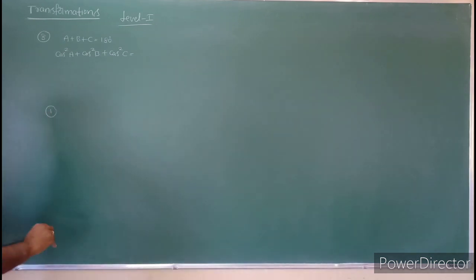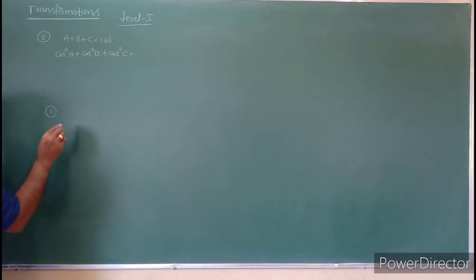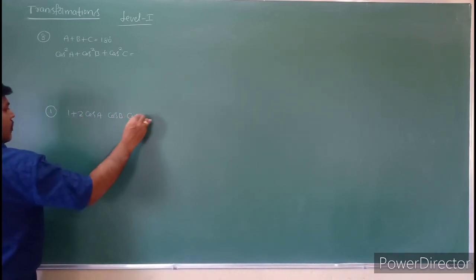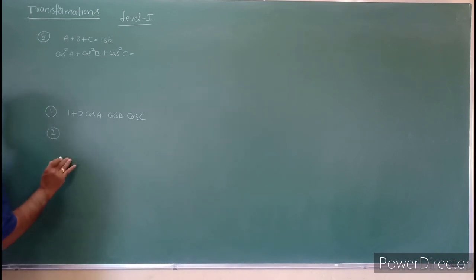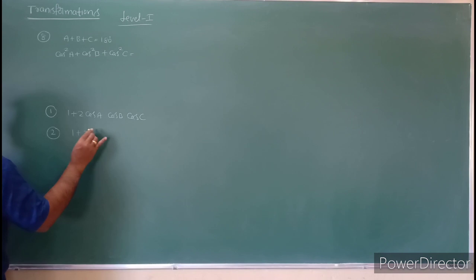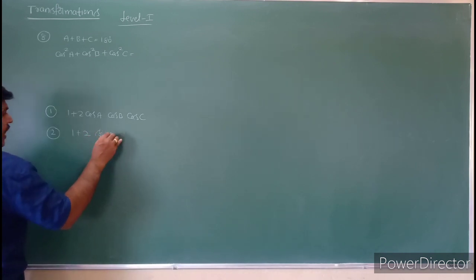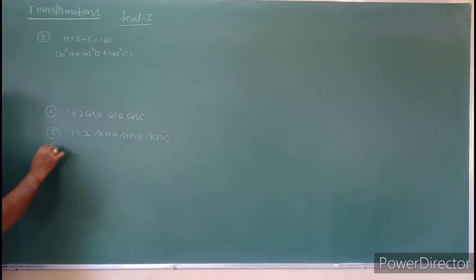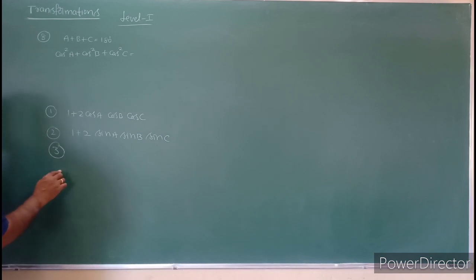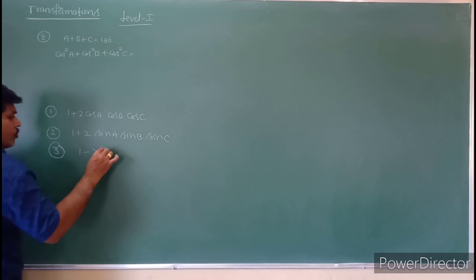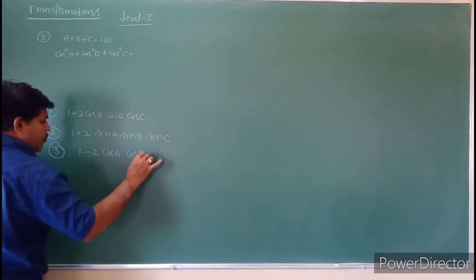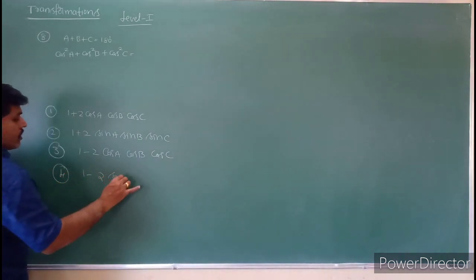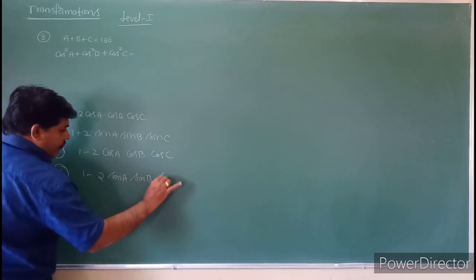The first option is 1 plus 2 cos A cos B cos C. The second option is 1 plus 2 sin A sin B sin C. The third option is 1 minus 2 cos A cos B cos C, and the fourth option is 1 minus 2 sin A sin B sin C.